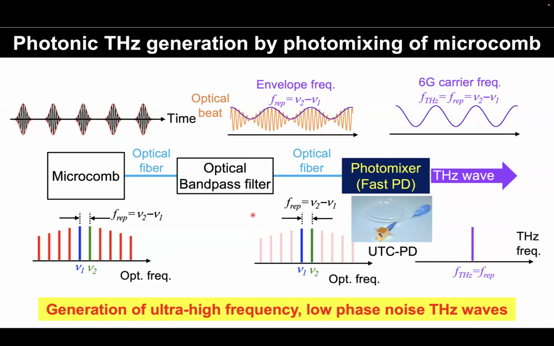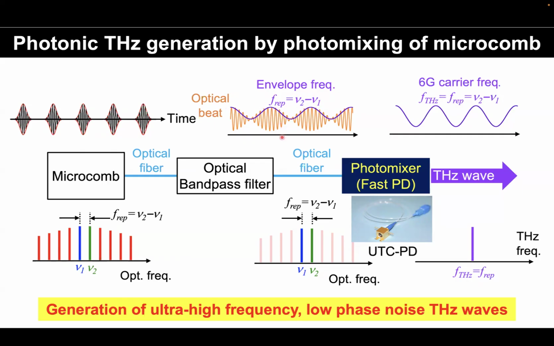An optical bandpass filter extracts two adjacent OFC modes from the microcomb, ν1 and ν2, with the frequency spacing of FREP. A pair of ν1 and ν2 generates an optical beat signal in the time domain. The beat frequency, or envelope frequency, is exactly equal to FREP.